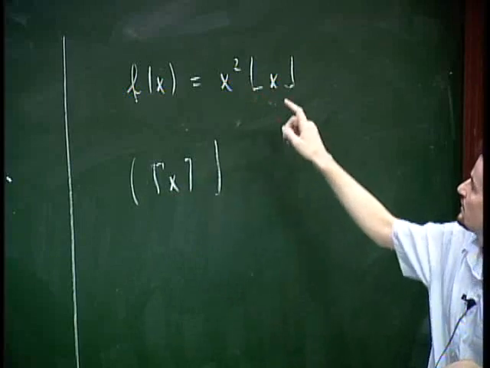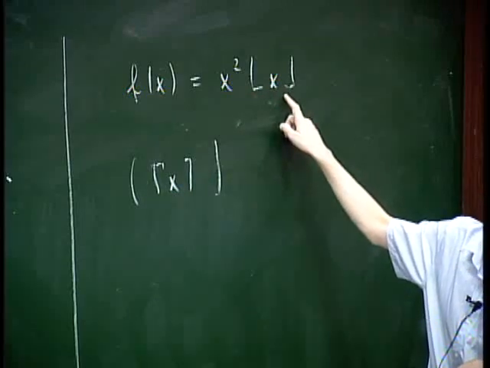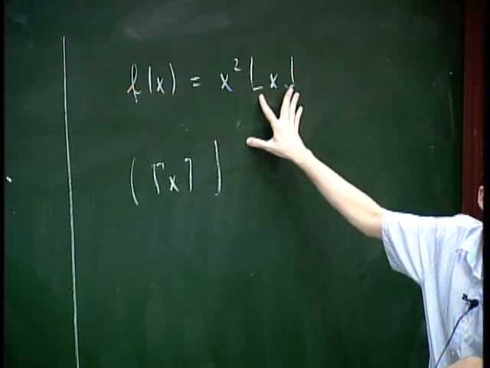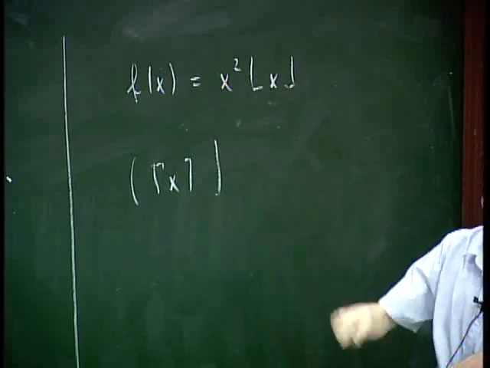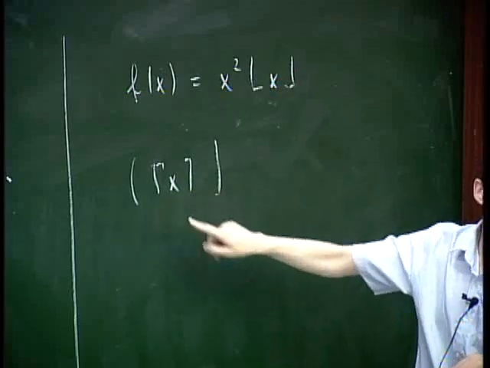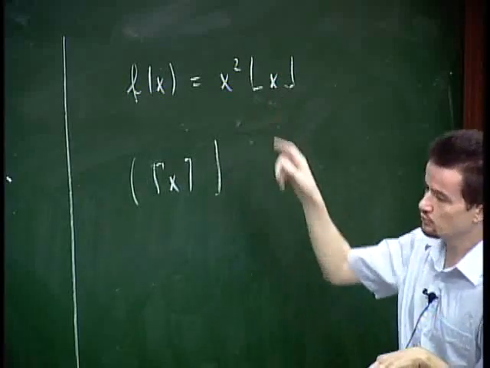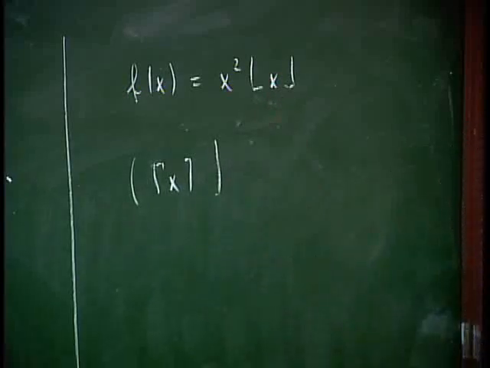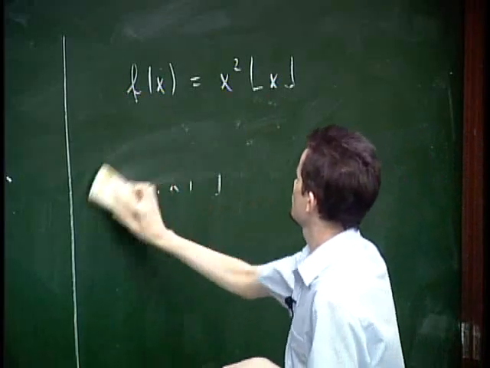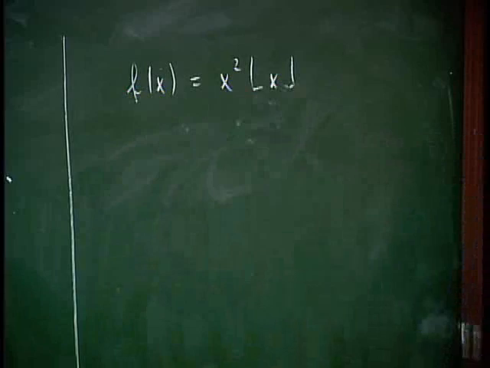Maybe you know why this notation. In English, this is called the floor, and this function is called the ceiling. Because 2.5 is in the middle, the floor is 2 and the ceiling is 3. So this is the notation we are going to use.